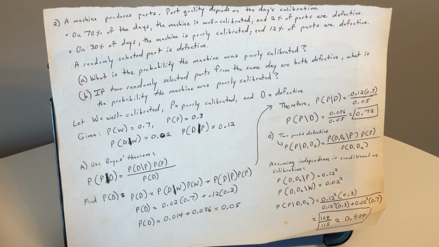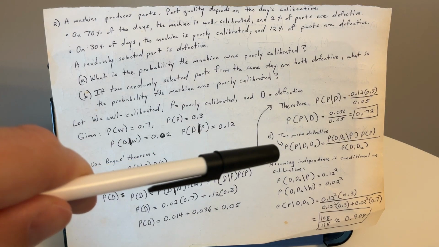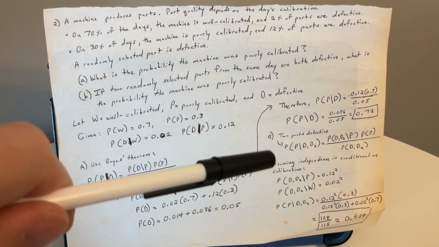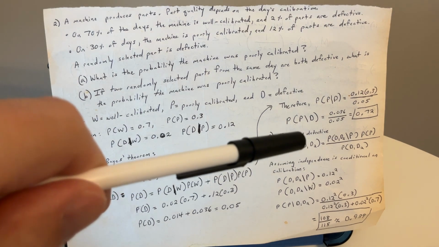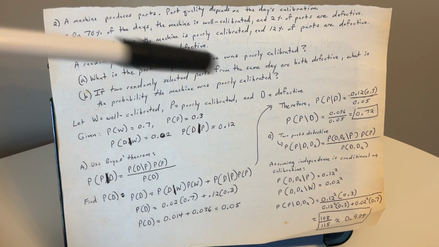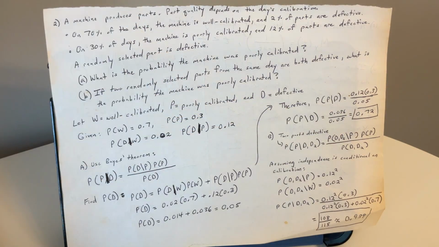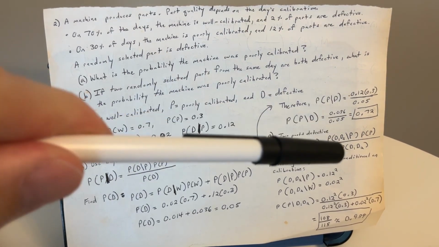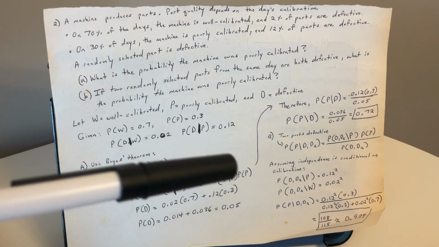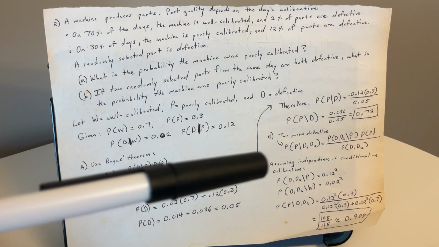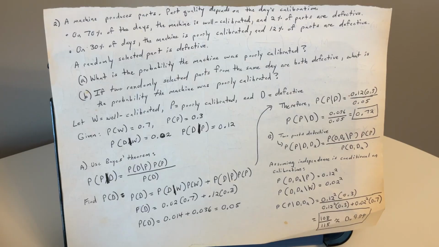Part B, if two randomly selected parts from the same day are both defective, what is the probability the machine was poorly calibrated? So, two parts defective, we could do this. Set up your formula again, there's a numerator and a denominator, assuming independence conditional on the calibration.